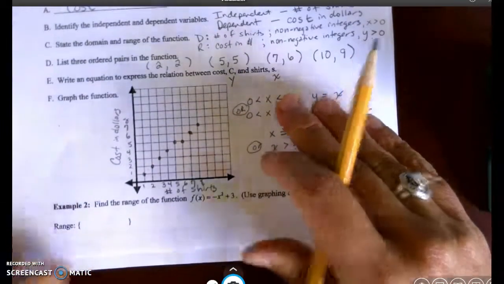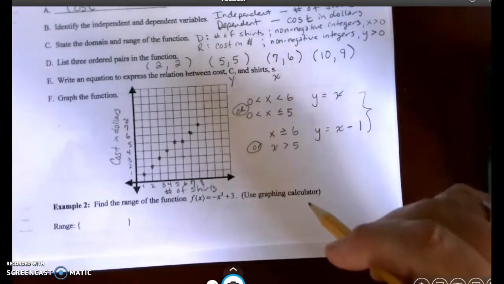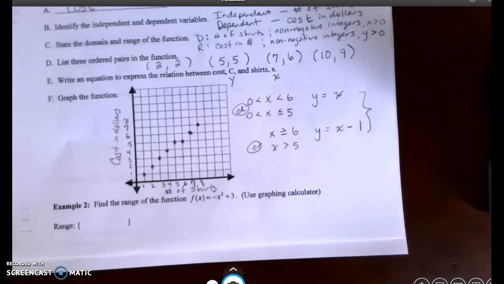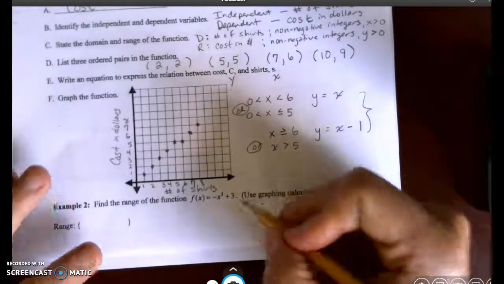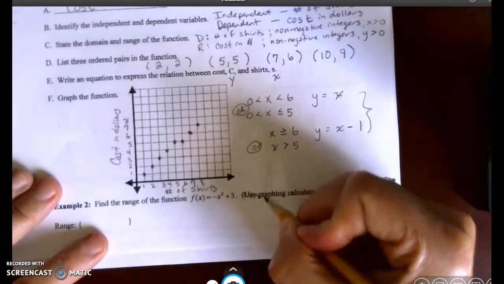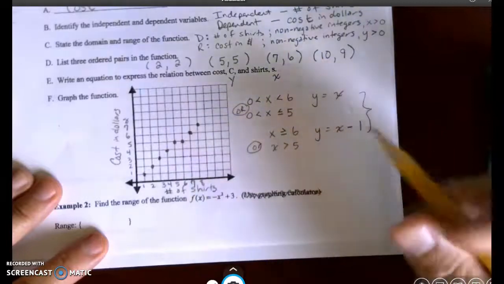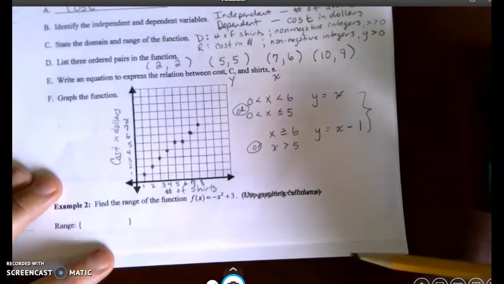All right, so then let's look down here at this bottom part. It says find the range of the function f of x equals negative x squared plus 3. I know it says use a graphing calculator. I'm actually going to not use a graphing calculator. I want to see if we can do this without a graphing calculator.